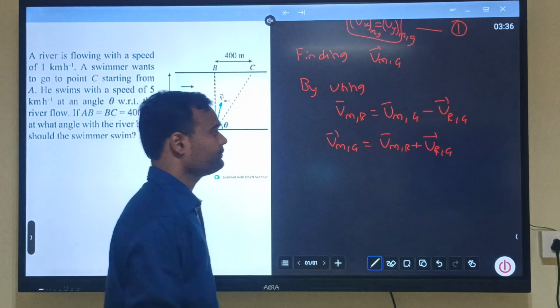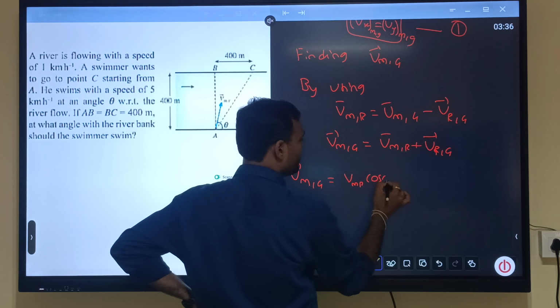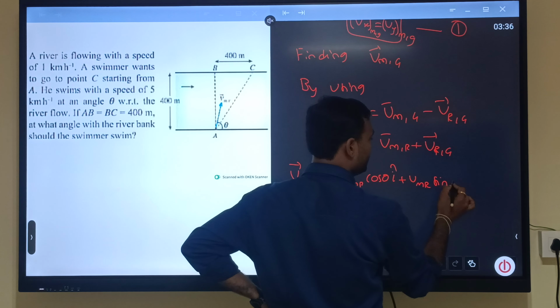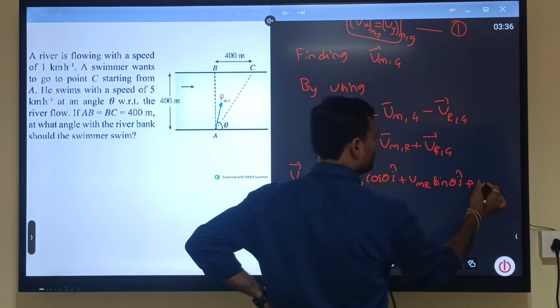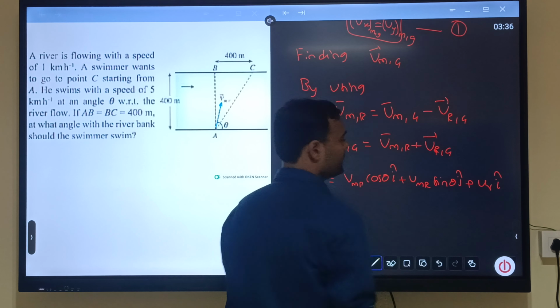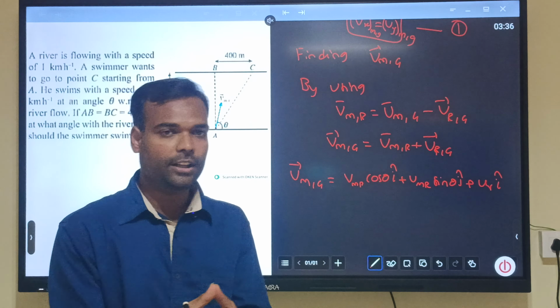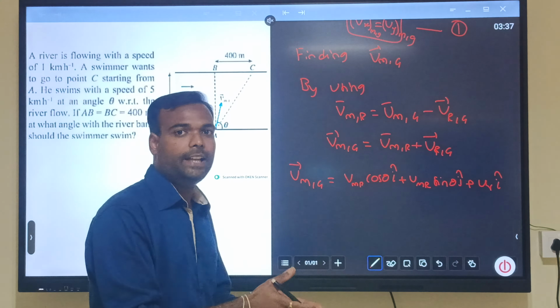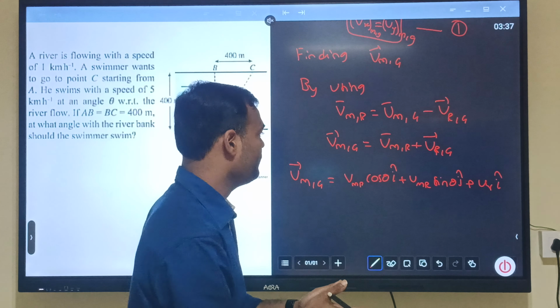Now, velocity of man with respect to ground is equal to Vmr cos theta i plus Vmr sin theta j plus velocity of river i. Actually, this is one of the most critical questions. Still, I am trying to give it to you in an easy way, for solving yourself also.